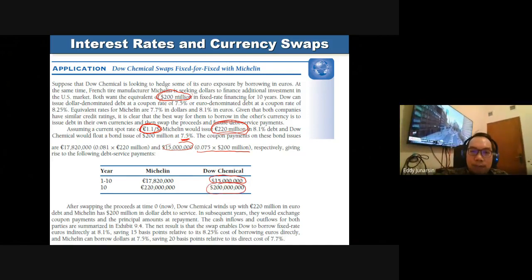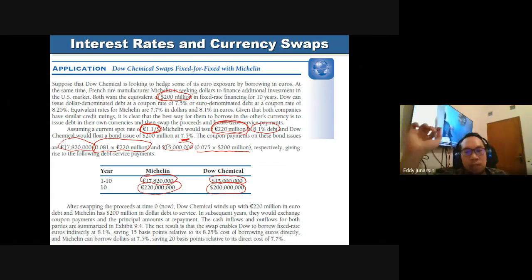And Michelin will have to borrow in Europe and pay 8.1%, right? So 8.1% of 220 million euros is 17.8 million euros per year for the next 10 years. And again, the principal is, of course, 220 million euros.